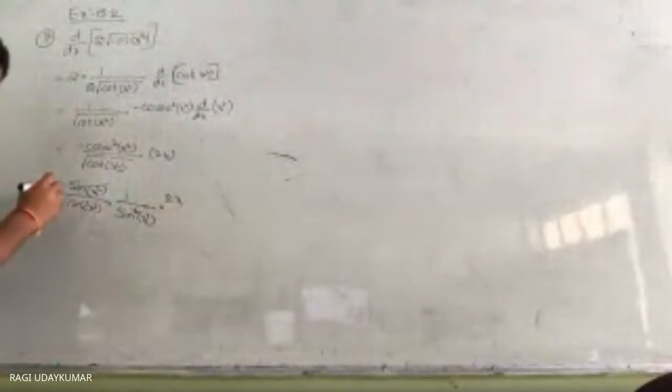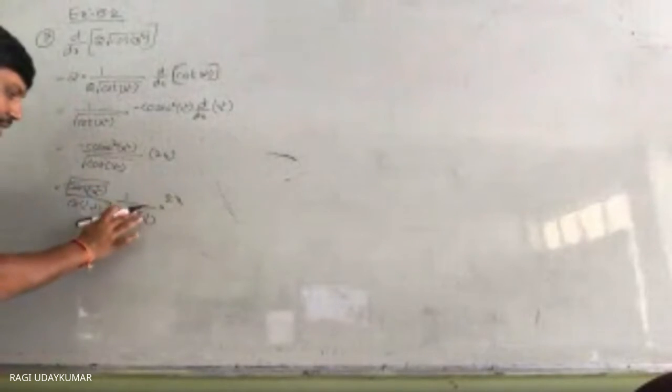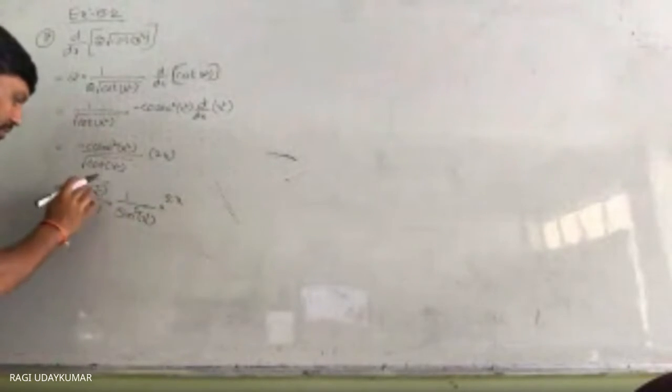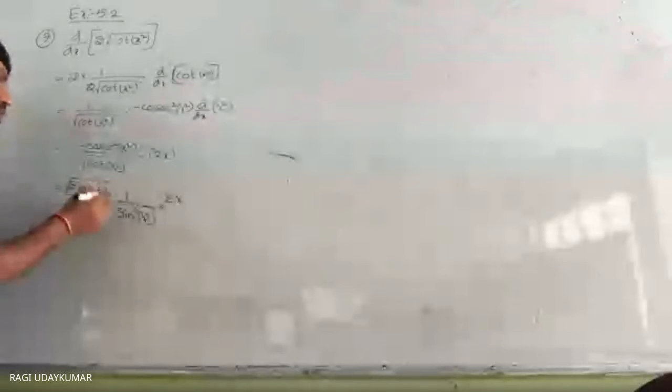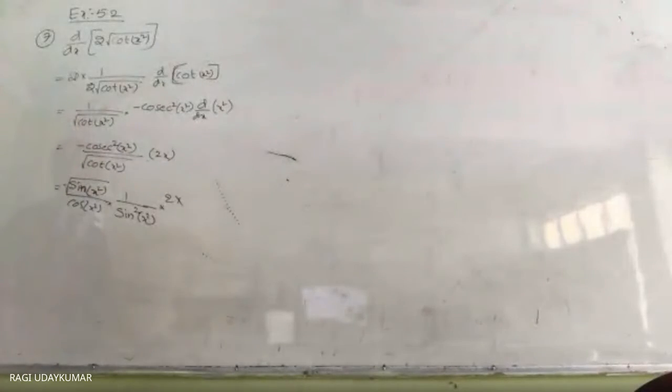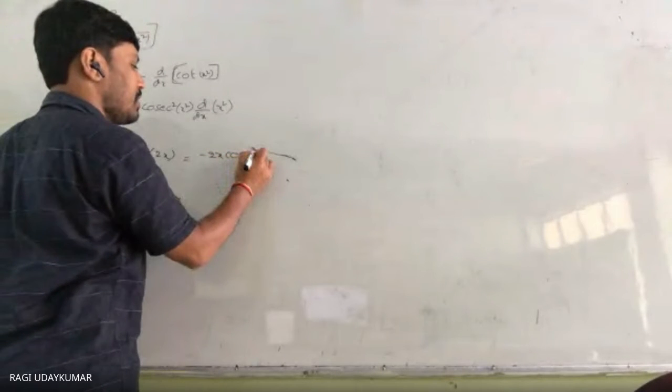Sorry, under root is there, no? Under root is there, so it will not get cancelled. Or you can keep the answer like this also: minus 2x cosec square x square by under root of cot x square.